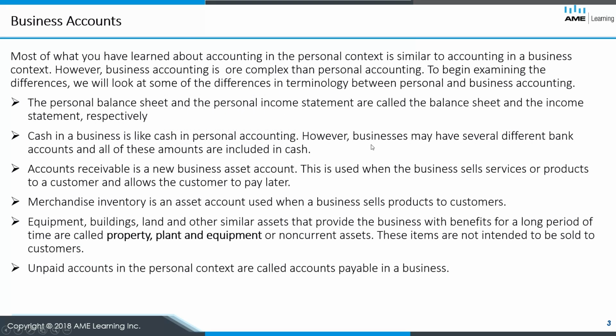Okay, so let's start with just talking about business accounts. And like it notes here, so far we've just learned about the personal context with personal accounting. And what they're noting here is that personal accounting that we've learned so far is very similar to business accounting, but often there's some more complexity with business accounting.